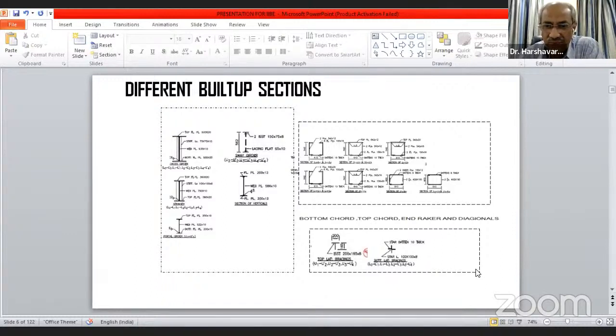The yellow down below should not be there. Shall I exit and come back again? Okay, we'll give a minute.